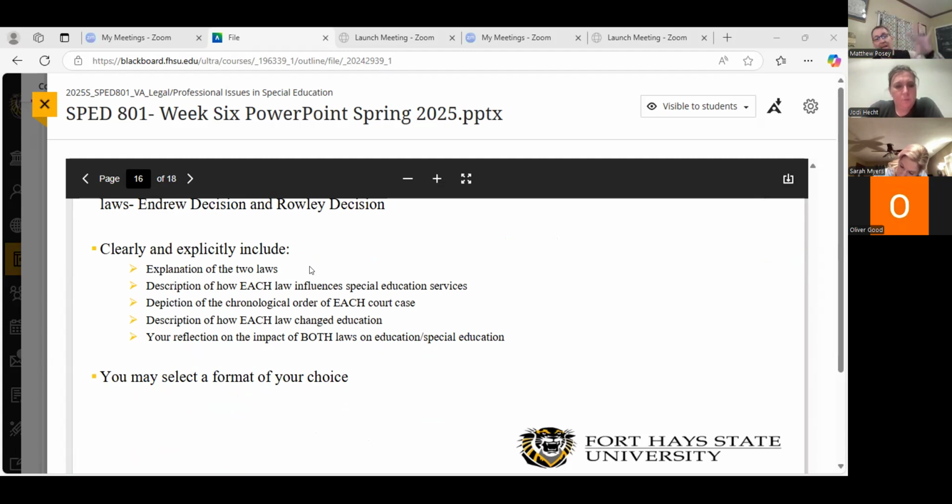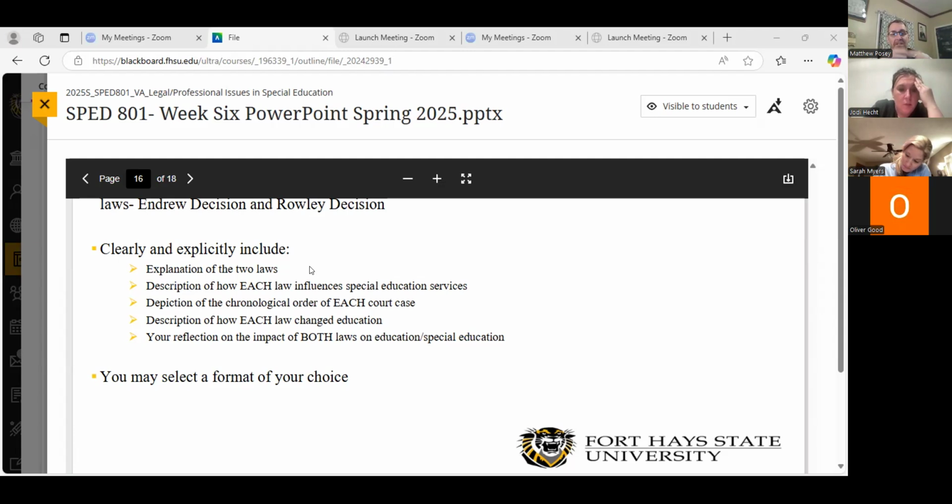That one slide laid both of them out. You had one that focused on sign language interpretation, and the other focused on another area. So make sure that you give a description of how each one of those court cases or laws influenced special ed services. Show a depiction of the chronological order of each court case. You remember there were 20 plus years between the two, if you look at them.